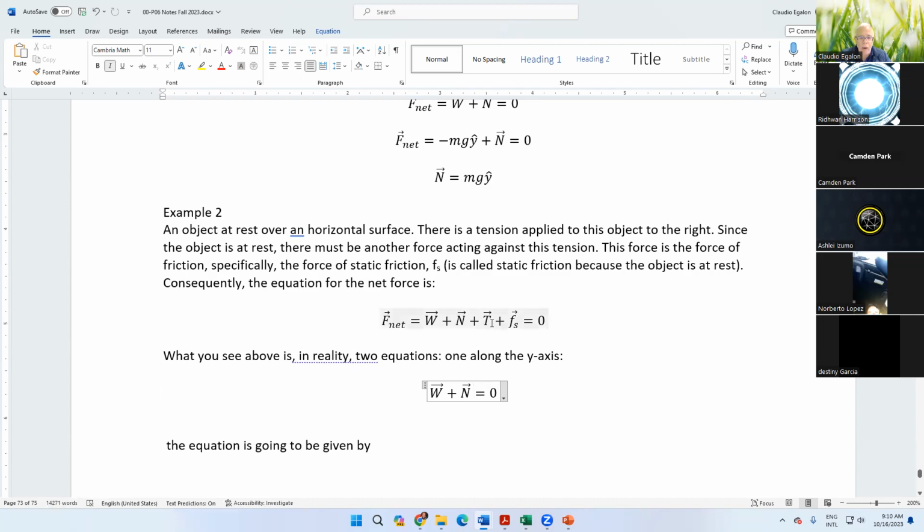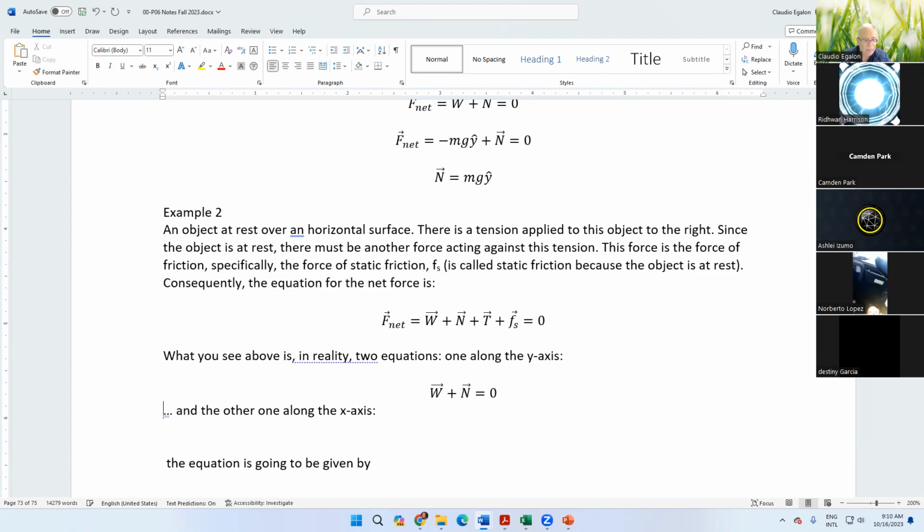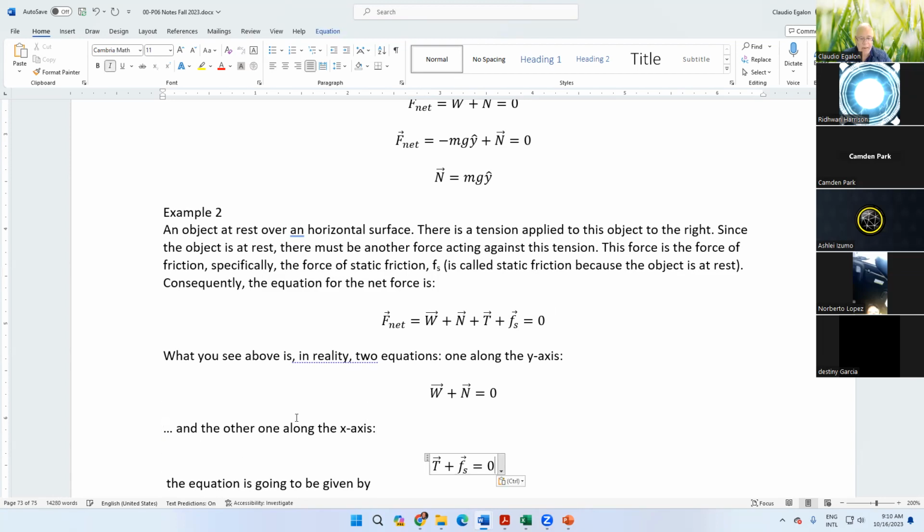And the other one along the x-axis, like that.